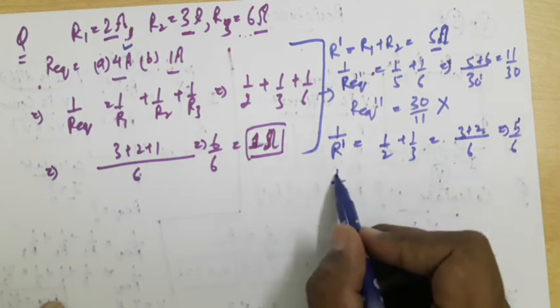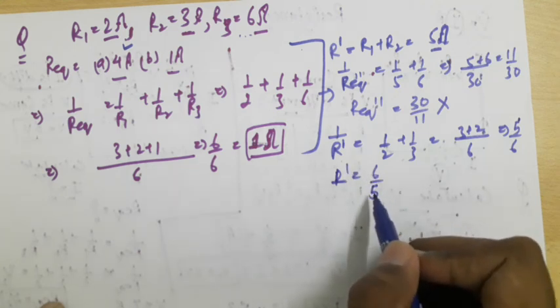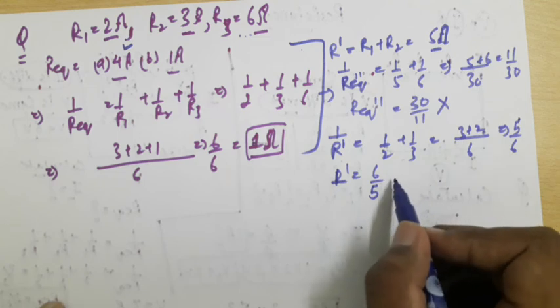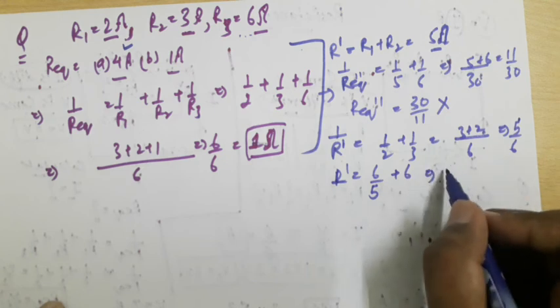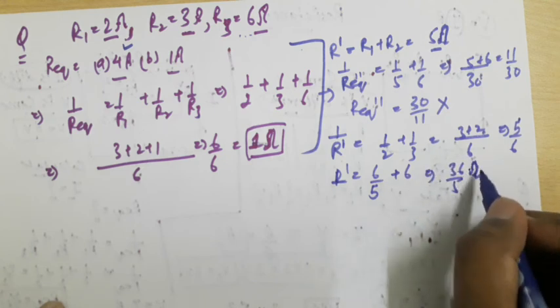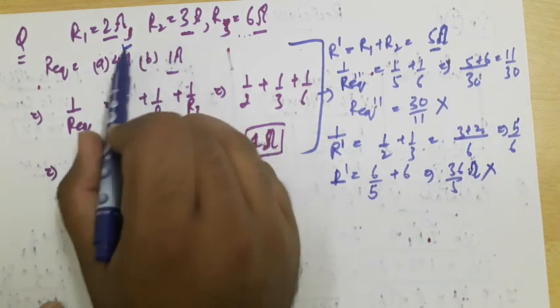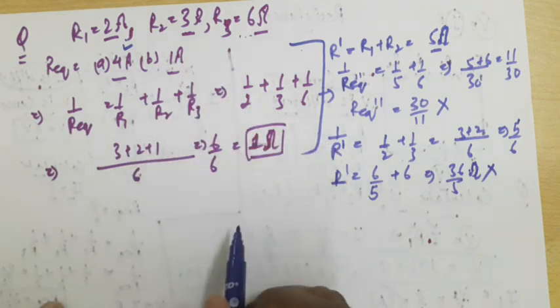So R dash will be equal to 6 upon 5, right? And the third resistance is again 6. If I join in series, it is still not coming, it is 36 upon 5 ohms. So this has also failed, right? This has also failed when I joined these 2 in parallel and this with this in series.